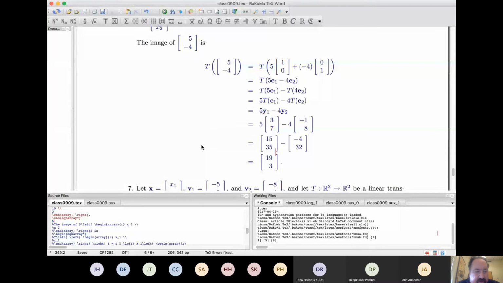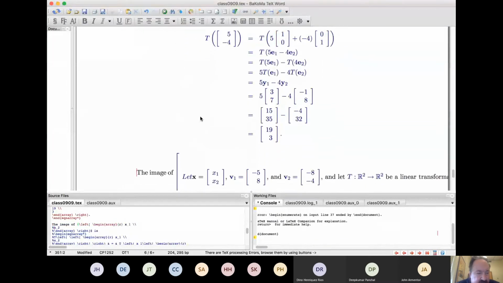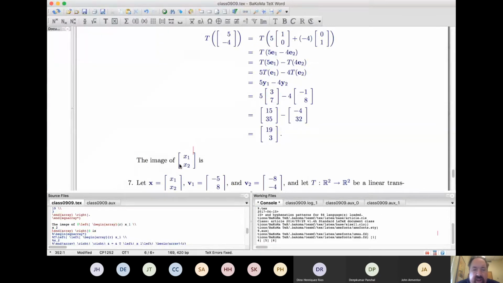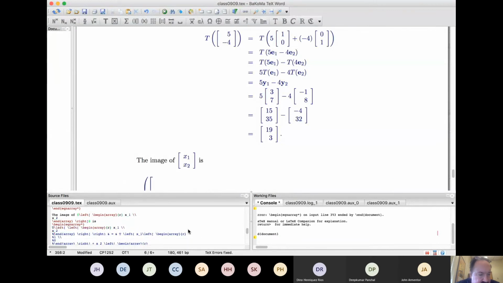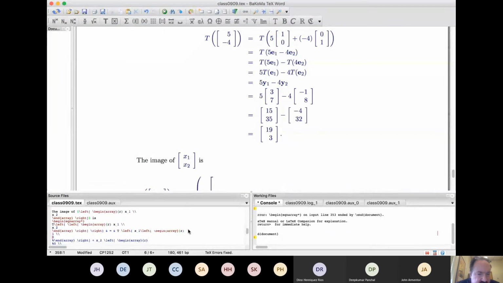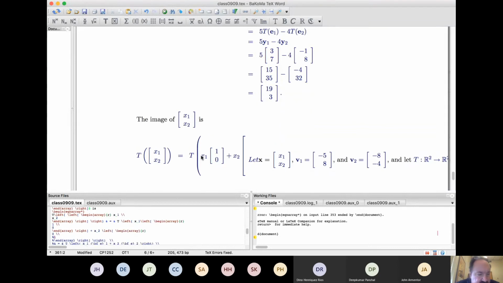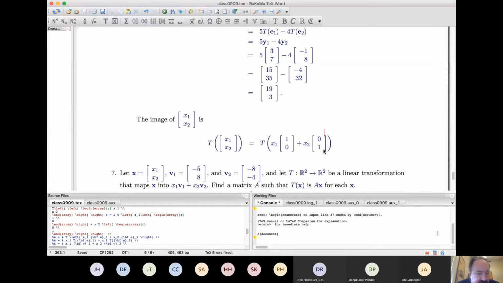So now I want to do the same thing, except instead of having a specific vector (5, -4), I want an image of a generic vector x1 and x2. So if I carry out that process, same idea, that this is x1 times E1 plus x2 times E2.